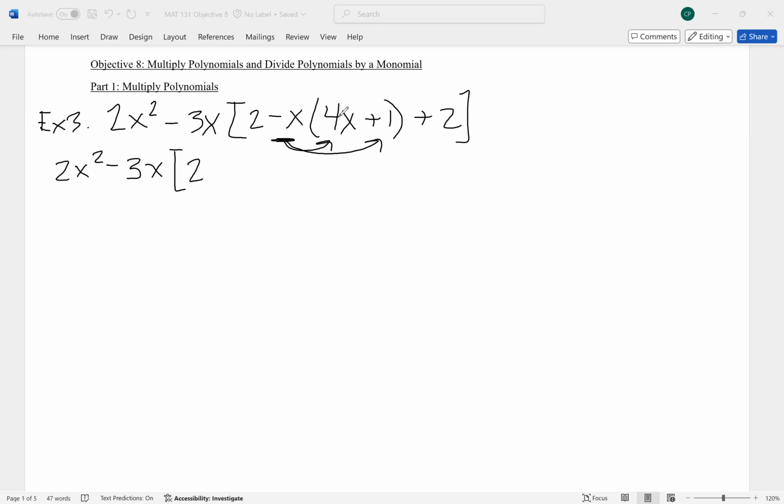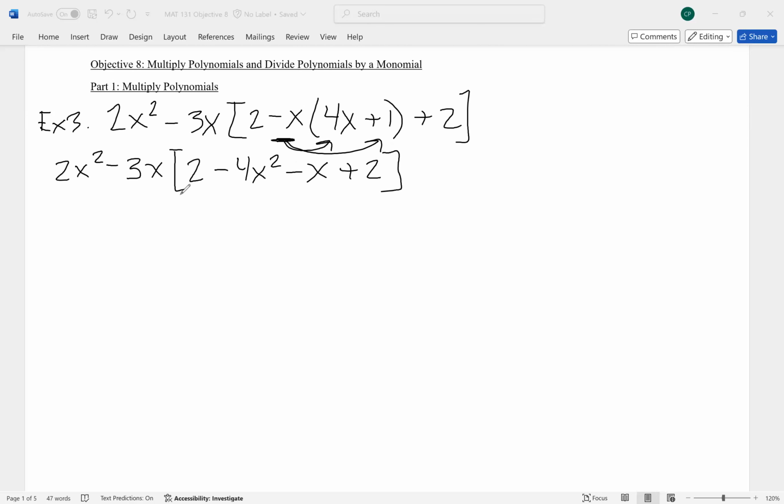Now we need to do negative x times 4x. It's gonna be negative 4x squared. Negative x times 1 is going to be negative x. And then we're going to bring down that plus 2.